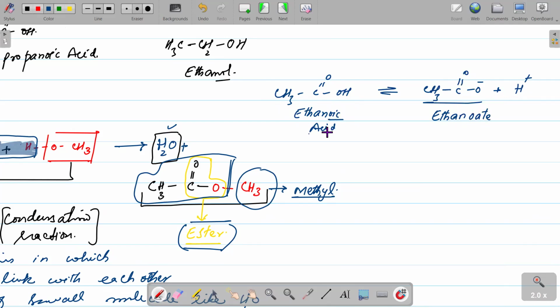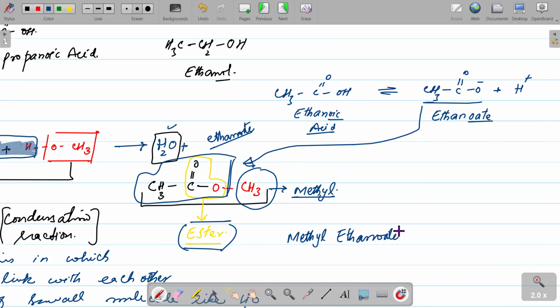So oic acid is replaced by oate. You can see this ethanoate structure is the same here. This portion which came from carboxylic acid has two carbon atoms and a carboxyl group, so its name will be ethanoate. So the name of this ester, by combining these two names, will be methyl ethanoate. Is it clear?